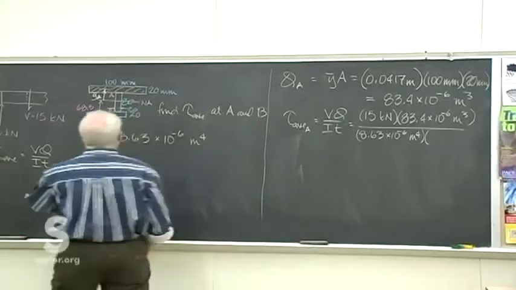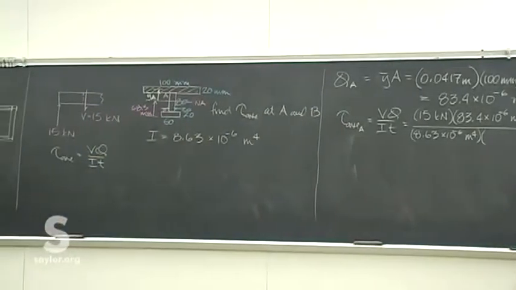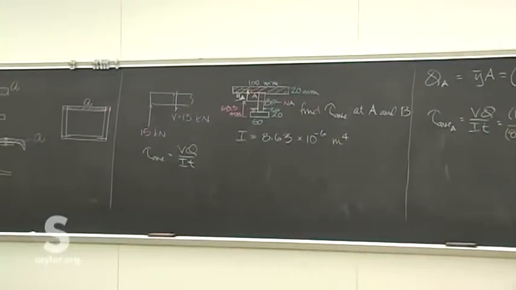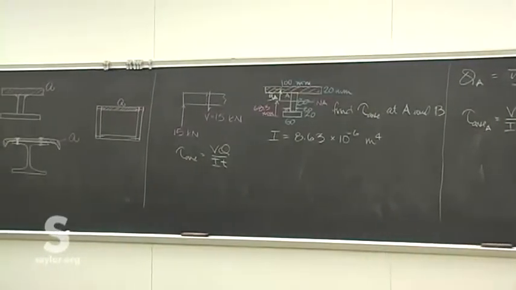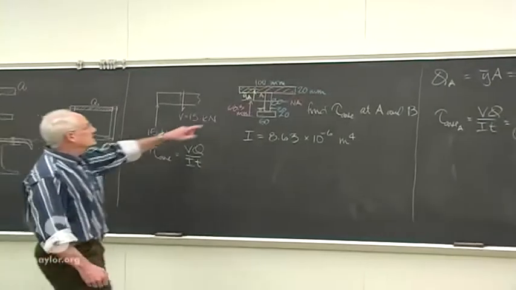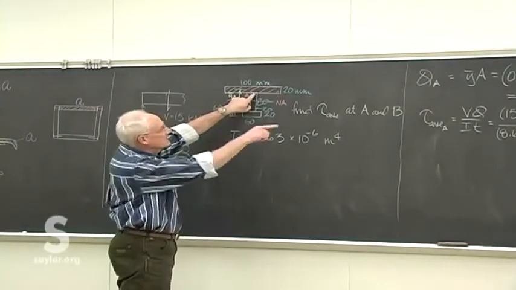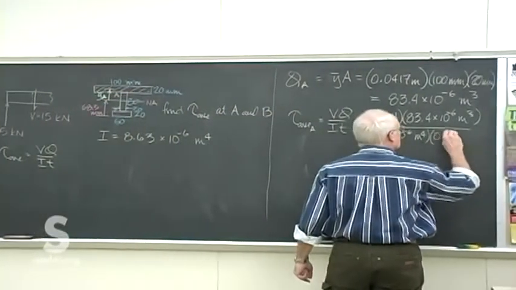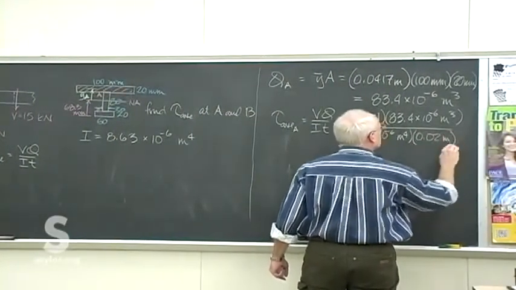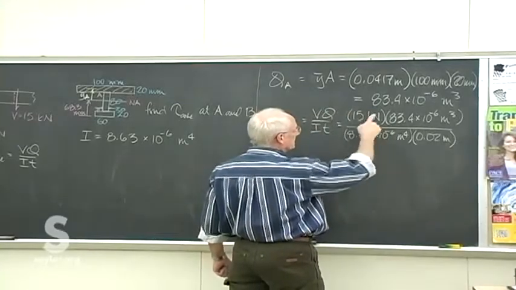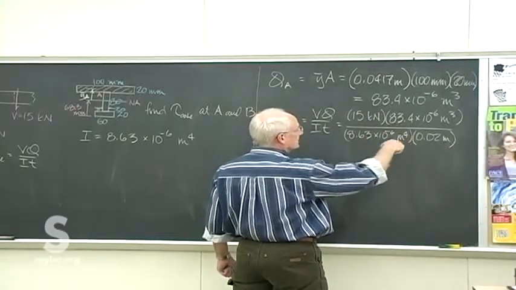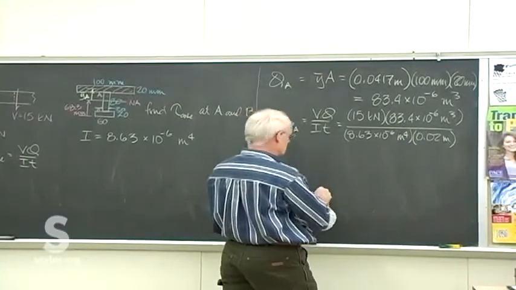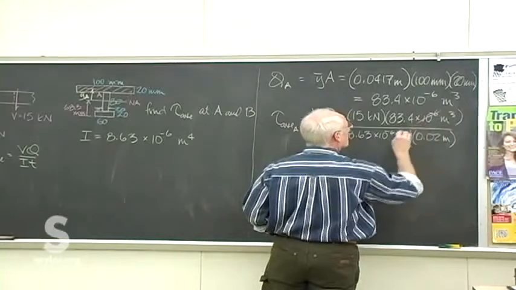And T, what'd you use for T? You have that, Tom? The 20 millimeters, the Z dimension of the interface of interest, by putting it in meters. So we get kilonewton meters squared, as we should for average shear stress. Okay.